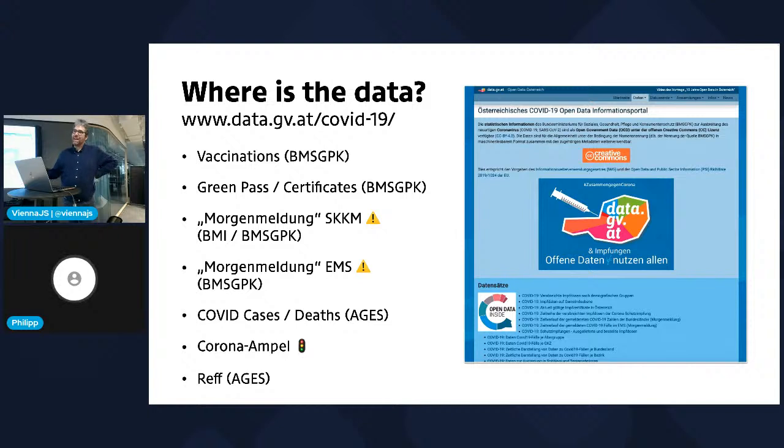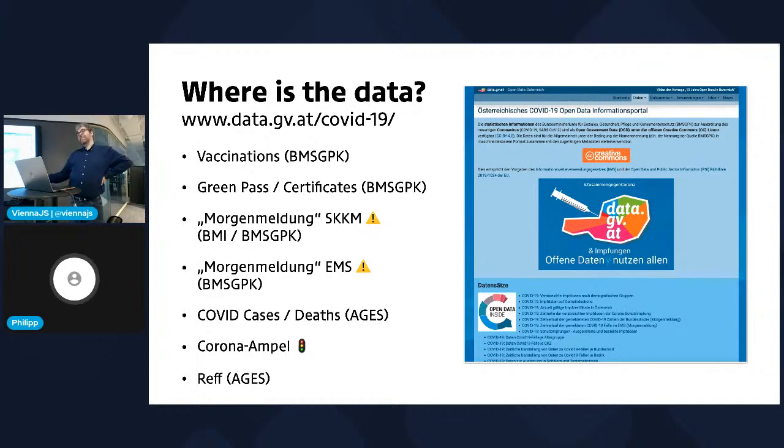And the BMSGPK is the Austrian Health Ministry, which has quite a long abbreviation, but yeah. After 2 years, I know it even during sleep. They provide the vaccination data. They also provide data about the coronavirus, the corona certificates, the checks, how many people have a valid certificate.